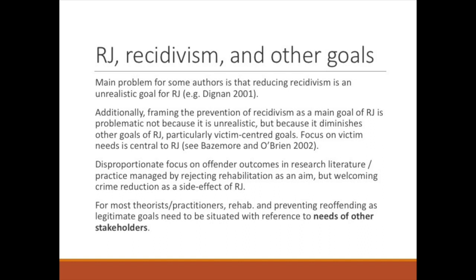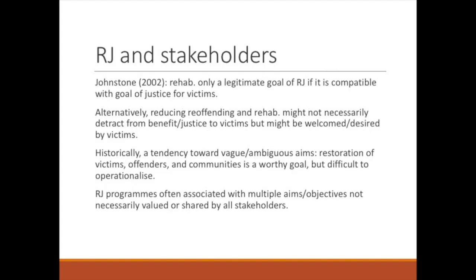Now, for most theorists and practitioners, rehabilitation and preventing reoffending can be legitimate goals of restorative justice, but they need to be situated with reference to the needs of other stakeholders in the process. In this way, rehabilitation of offenders is only a legitimate goal of restorative justice if it's compatible with the goal of justice for victims.